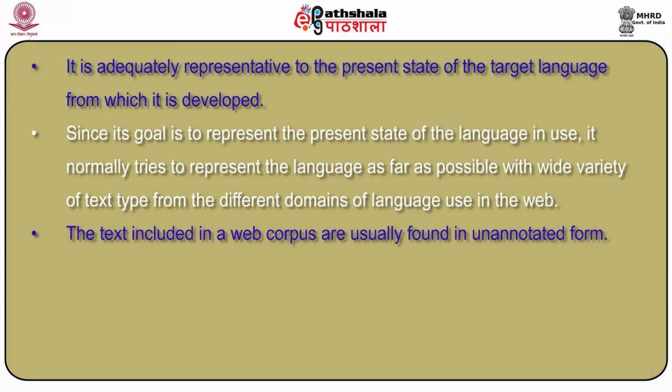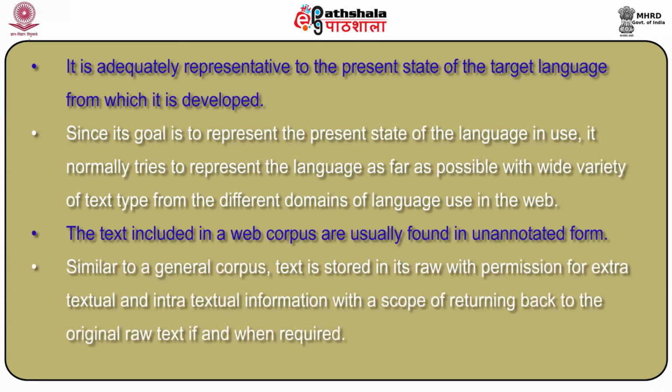The texts included in a web corpus are usually found in unannotated form. Similar to a general text corpus, texts are stored in their raw form with a provision for extratextual and intratextual annotation, with scope for returning back to the original raw text if and when required.